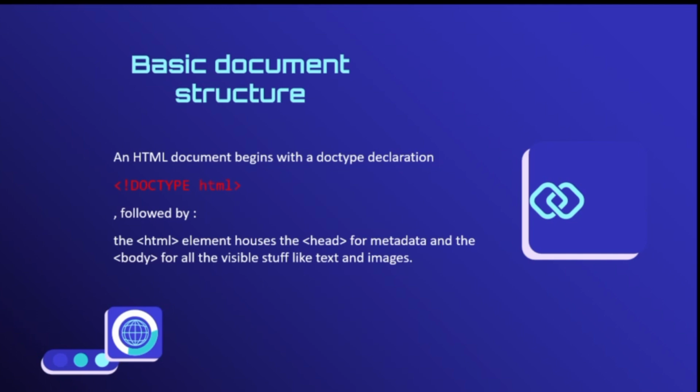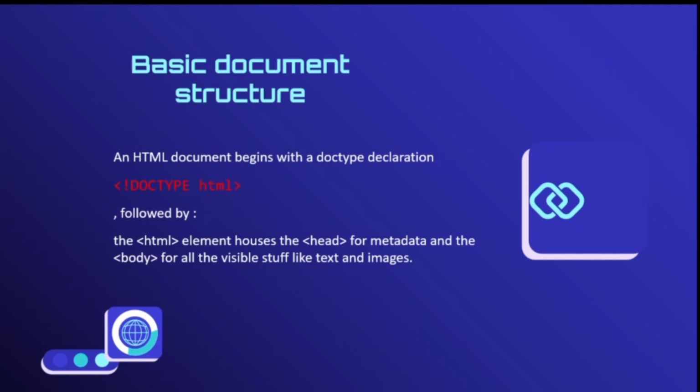So what is the structure of an HTML document? An HTML document begins with a doctype declaration, which is what is highlighted in red. We have the opening tag, the doctype, and the HTML, and the closing tag, followed by the HTML element, which houses the head for metadata and the body for all the visible content we see on the web page.